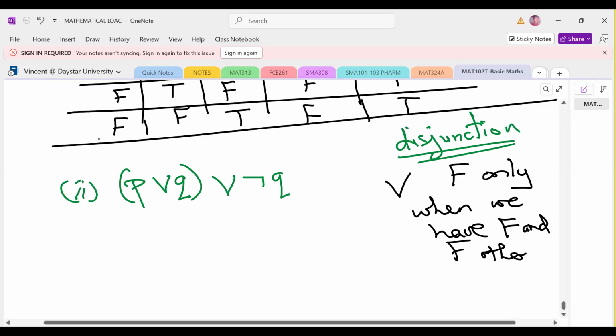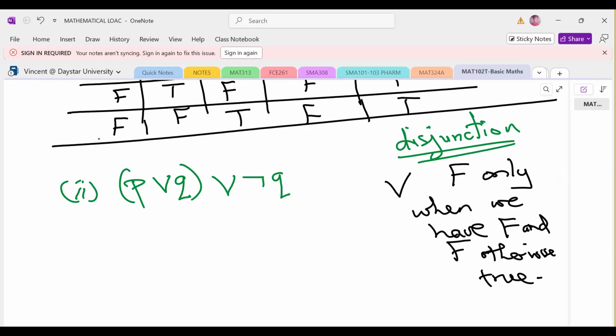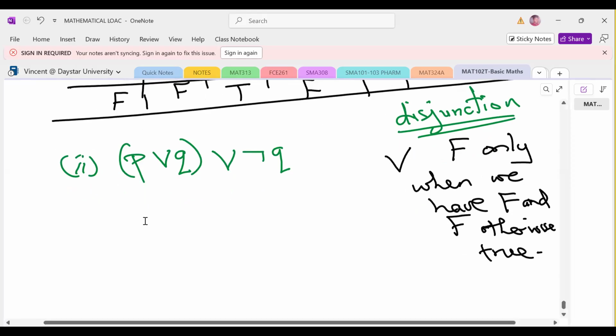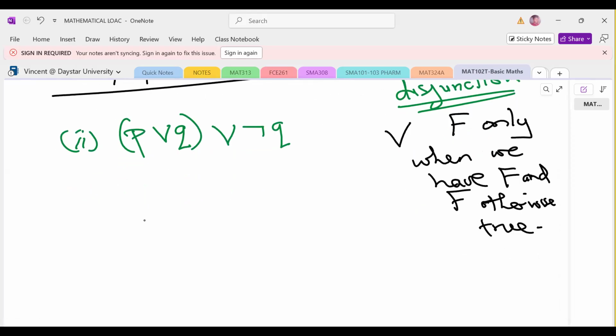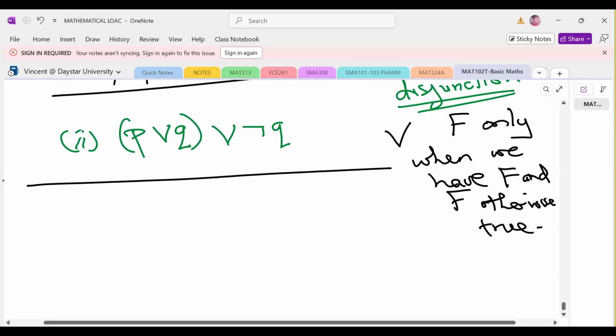So unaweka F peke yake kama the first statement ni false, tena second statement ni false. Yeah, lakini ukiona kuna mahali kuna T, then everything becomes T, okay? Yeah. So how many rows do we require in this case? These are disjunction operation.